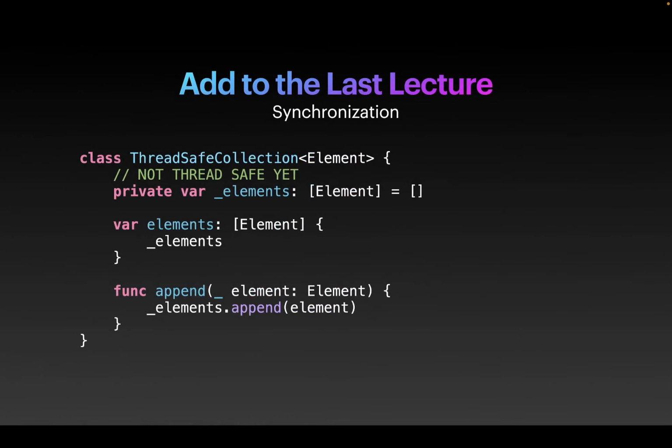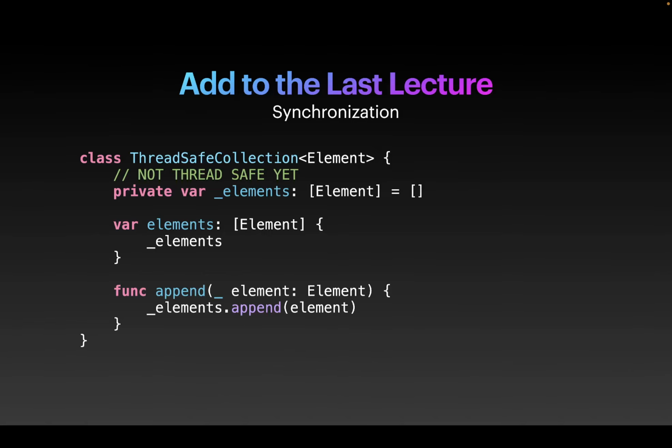Now let's add one more point to the synchronization part. First, take a look at this code block. Internally, all the collections in the Swift standard library are not thread safe. There's no locking mechanism behind them, so if you want a thread safe collection, you have to implement that on your own.